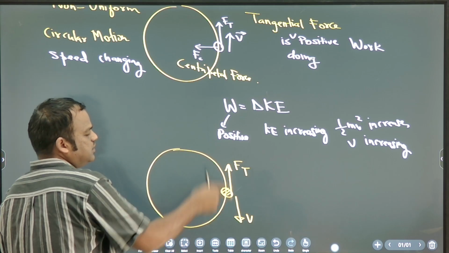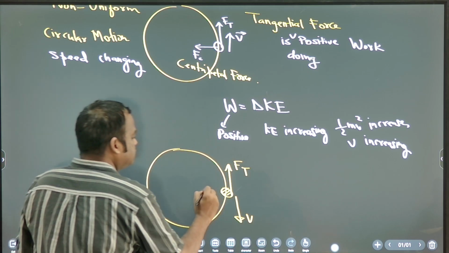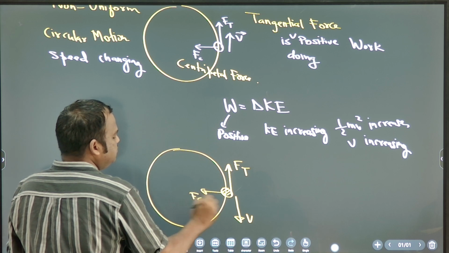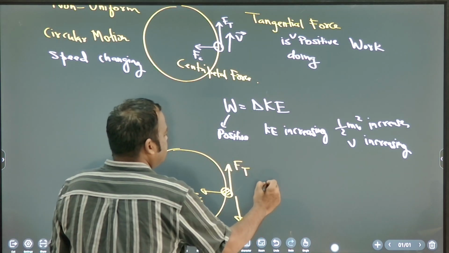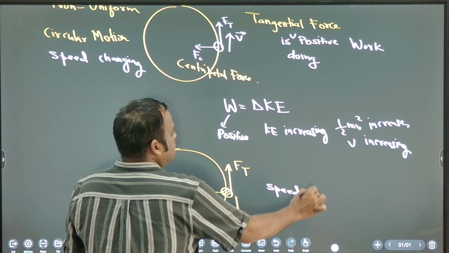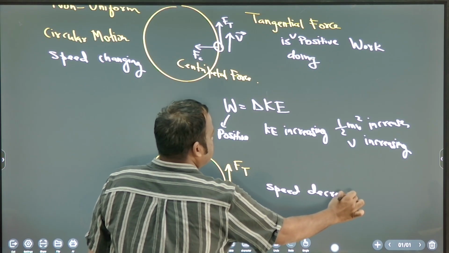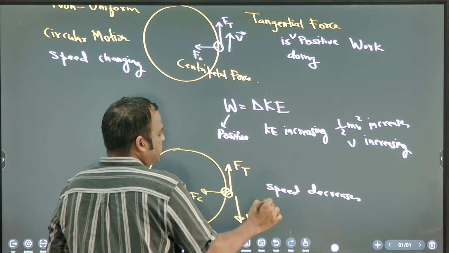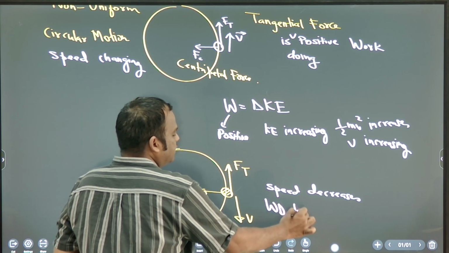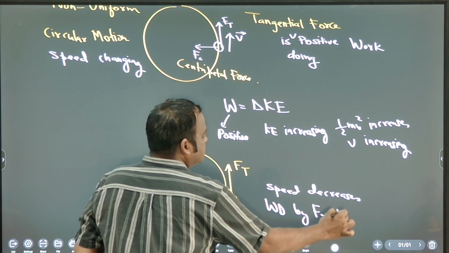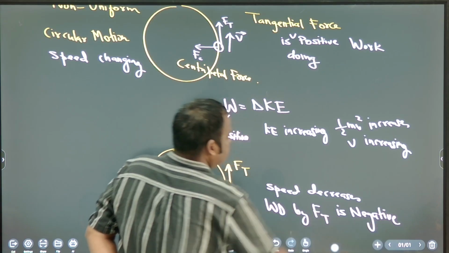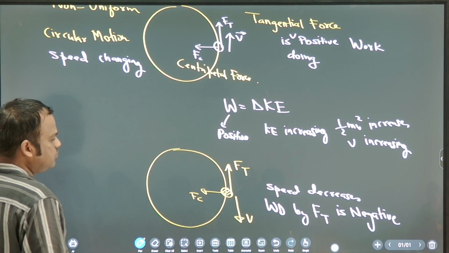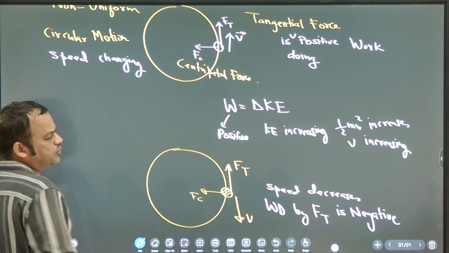Velocity is clockwise. So in this case, speed decreases. Because work done by tangential force is negative. Work done by tangential force is negative.